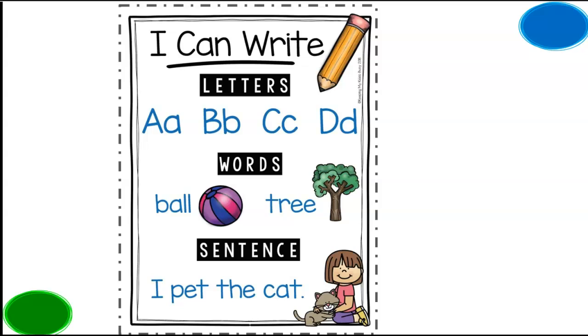So you have already learned your letters and your sounds. And you took those sounds and you started to read words. And some of the words were sight words. Some of the words were words that described things like tree or ball.